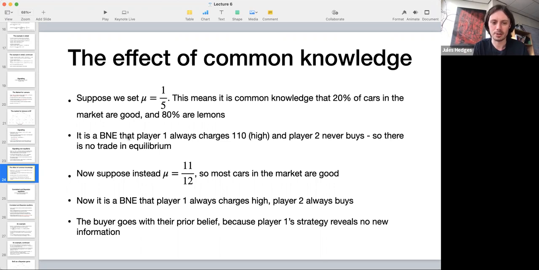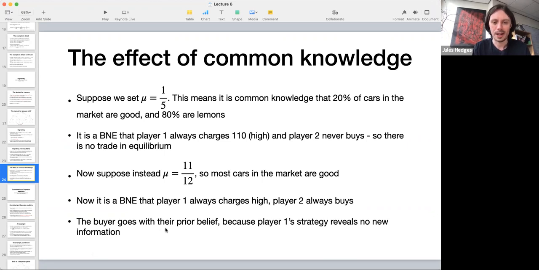That is to say, there is no trade in equilibrium. On the other hand, if we increase mu, the prior probability, say, as far as 11/12, so now this means that most cars in the market are good. The prior probability of a lemon is low. So now, in this case, it becomes a Bayesian Nash equilibrium instead that player 1 will always charge the high price and player 2 will always buy.